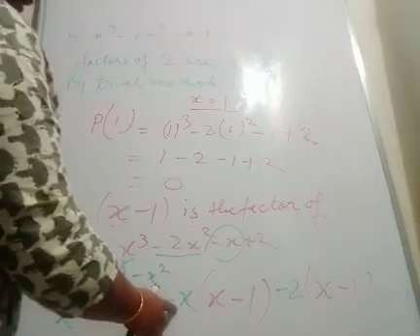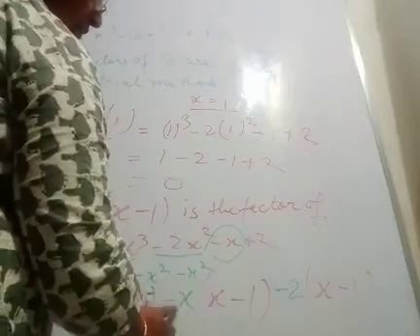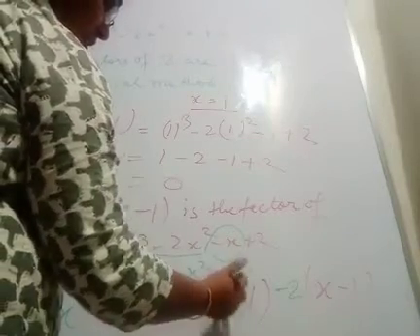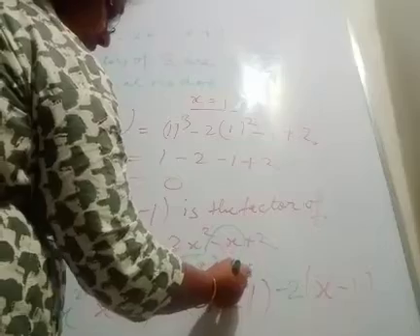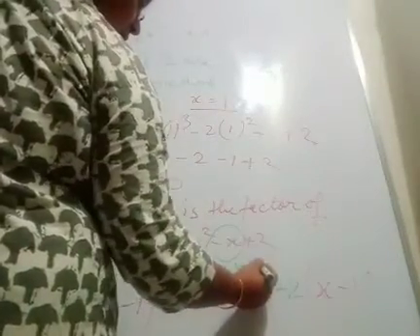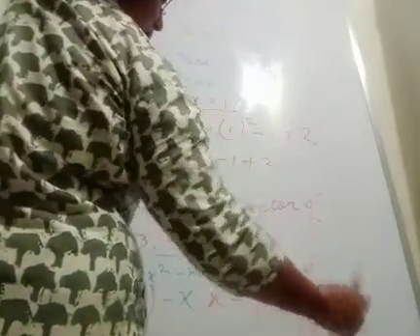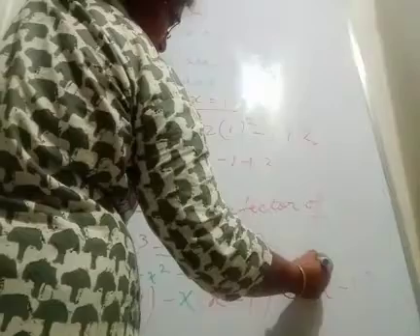If I multiply minus x with x, it will become minus x square. If I multiply minus x with minus 1, it will become plus x. If I multiply minus 2 with x, it will become minus 2x. If I multiply minus 2 with minus 1, it will become plus 2.